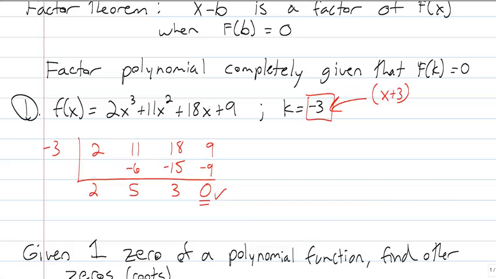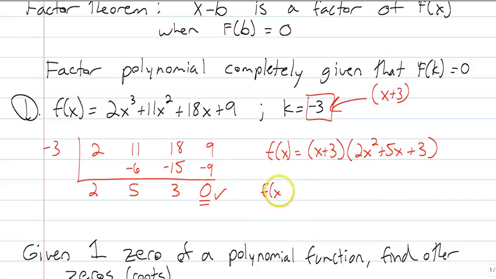Now, what that means is, if I'm factoring this, it means that I basically divided out an x plus 3, because that's what I divided by with synthetic division, and I ended up with 2x squared plus 5x plus 3. Now it says factor completely. When you get down to a quadratic, you have to see if you can factor this more. Well, sure enough, if you use splitting the middle term, you can factor that.